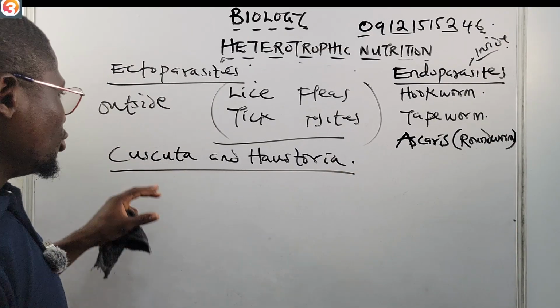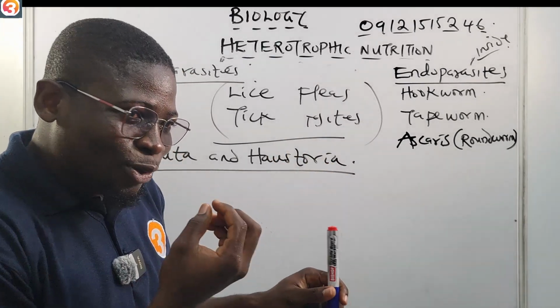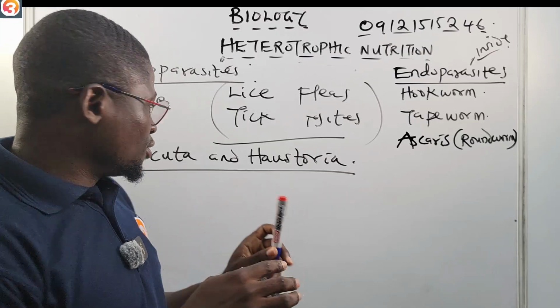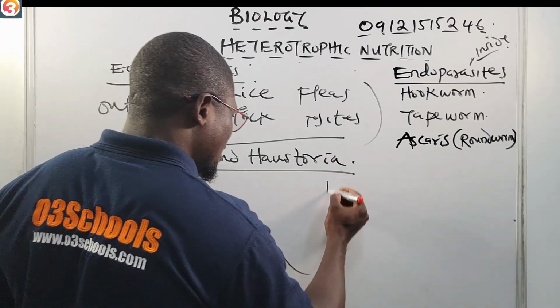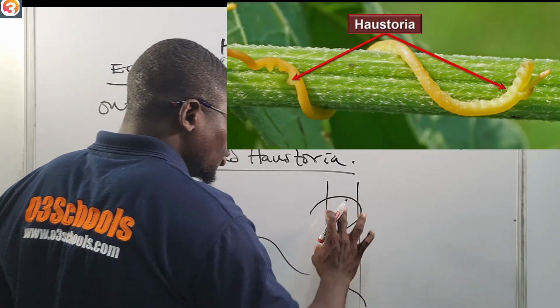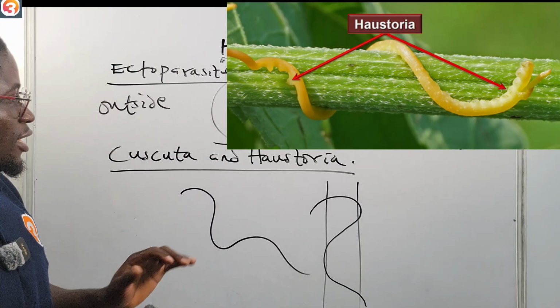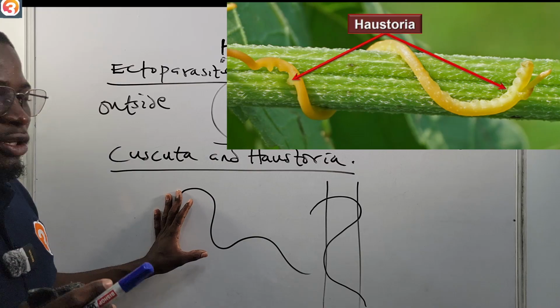Cuscuta will put its roots into Wisteria and absorb nutrients from Wisteria. I think Cuscuta is something like a thread, while Wisteria is something like this. So it just puts its roots into Wisteria and absorbs nutrients from it. So these are parasitic plants.